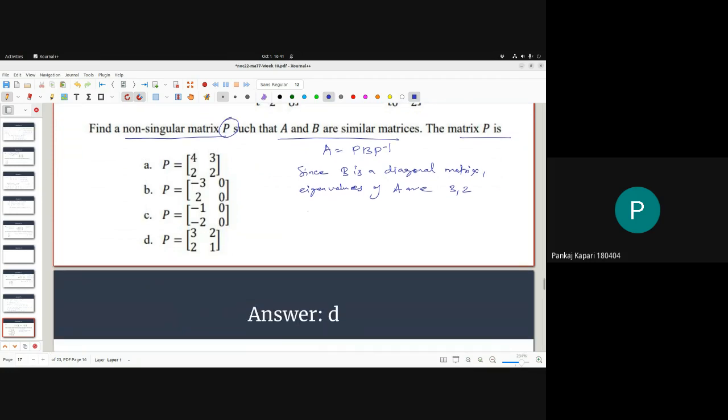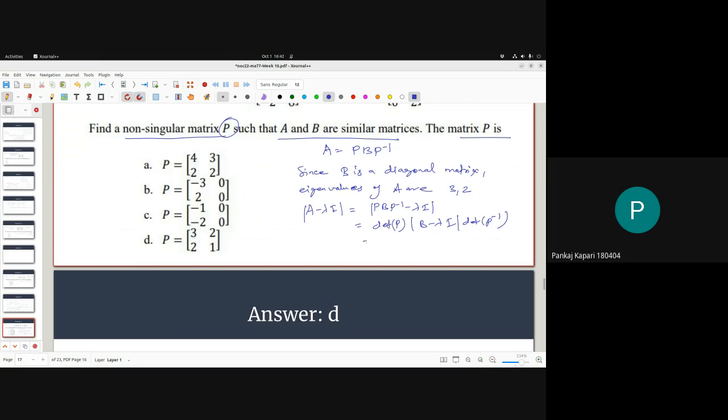Or you can see it like this also. What are eigenvalues? These are the roots of determinant of A minus lambda identity, but A is equal to P times B P inverse, so minus lambda times identity is determinant of P into B minus lambda identity into determinant of P inverse.